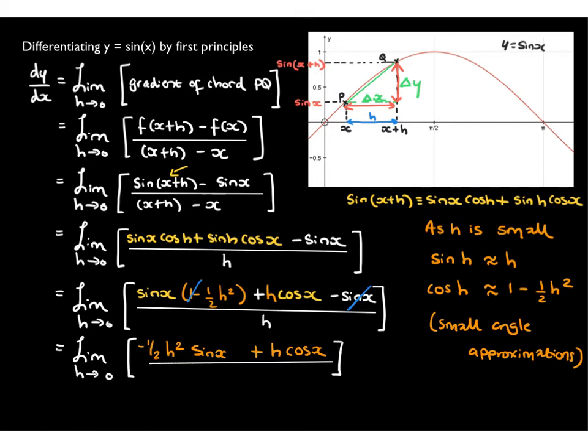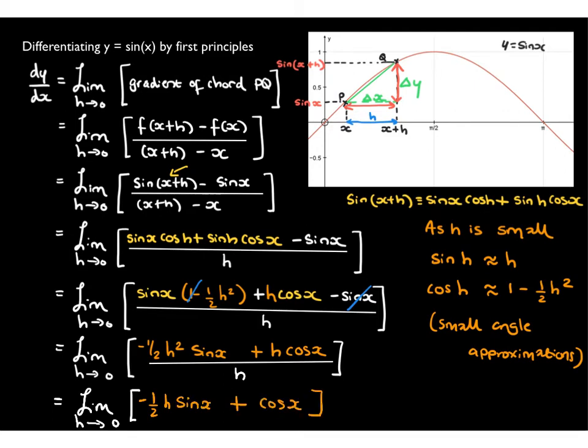So we're going to make sure we divide by h next, which gives us the limit as h approaches 0 of negative a half h sine x plus cos x.